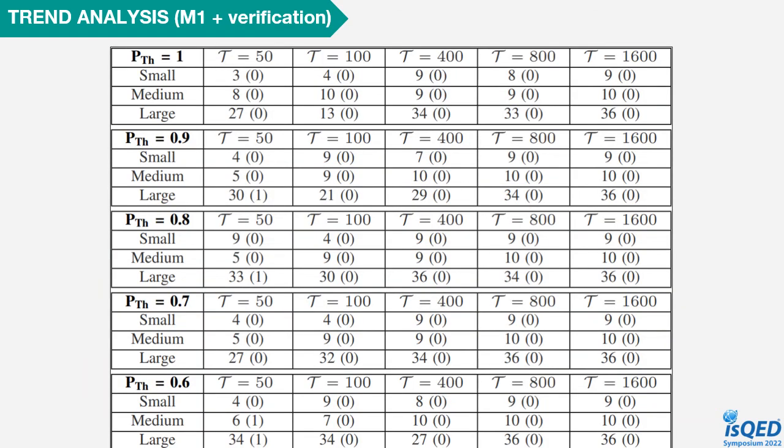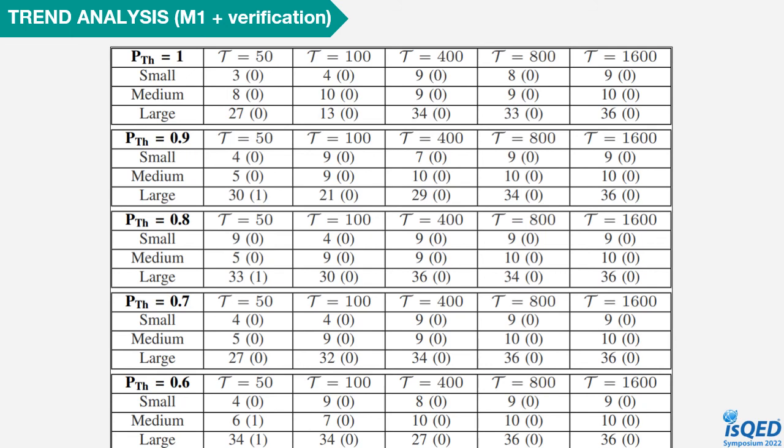Now here we can see in M1 plus verification that higher values of tau like 800 and 1600 give zero error rate, and the number of keys does not vary that much if we decrease the probability threshold. So we can say that probability threshold is a secondary threshold we can use. The main one is tau and it should not be as low as 50.